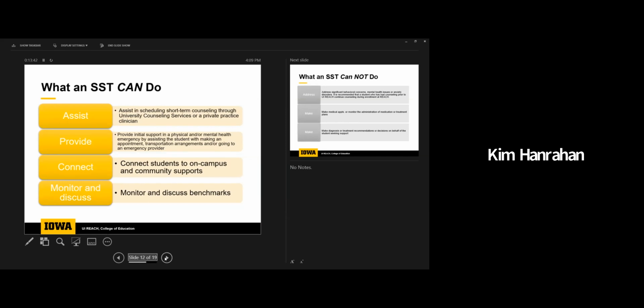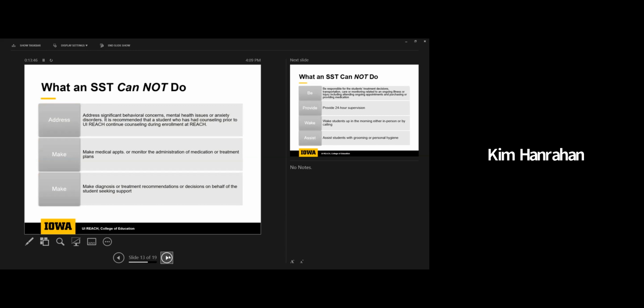What we cannot do is address significant behavioral concerns, so mental health issues or medical issues. It's recommended that a student who has had therapy or counseling prior to UI REACH continue with that, especially those first few months when they're transitioning to campus.